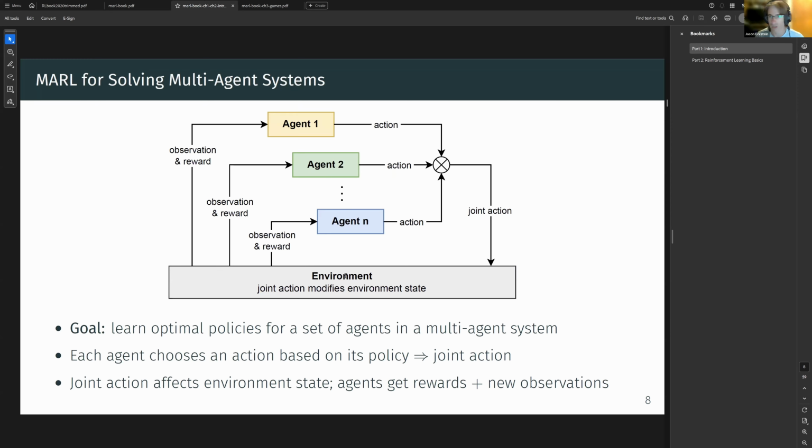Usually when we think of the complexity of these problems, we have the state space and the action space, and in some cases we care about the state-action space as a joint thing, a tuple of a state and an action, in this case a joint action. This is going to grow exponentially with the number of agents, and that's going to be multiplied by the state space as well.